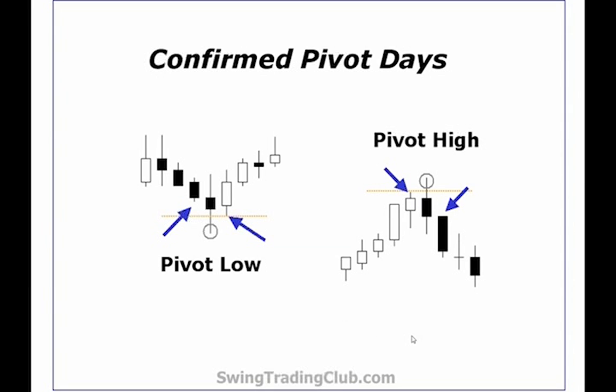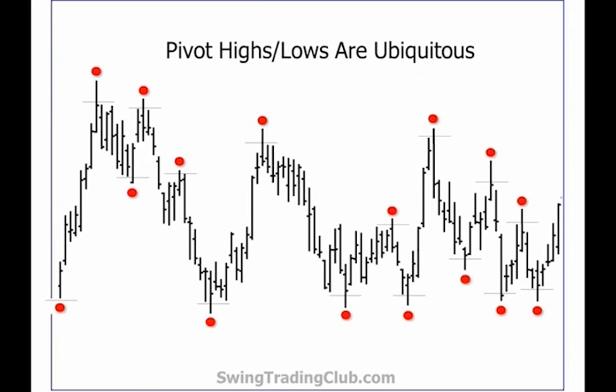So there's your pivot highs and pivot lows. And like I just said, if you still have a printer, I haven't owned a printer probably in 10 years, if you print out a chart, you can actually draw circles around them, and you'll notice that pivot highs and pivot lows are all over the place.